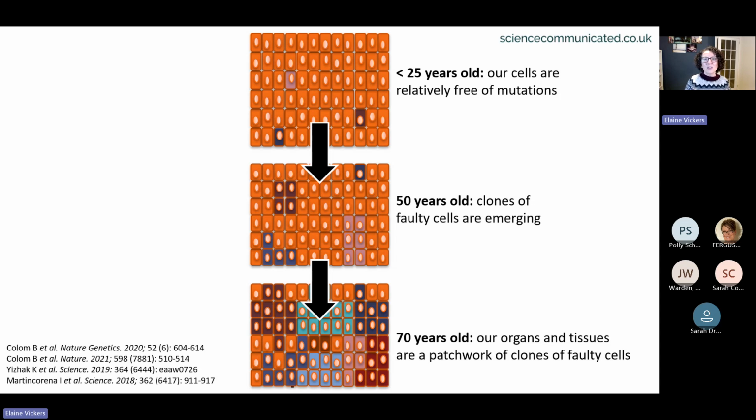That is an outward sign of a process that's going on throughout our whole body, internally as well as externally. Our whole body is a patchwork of cells with slightly different properties, some of them growing slightly faster than others, some slightly more resilient than others.